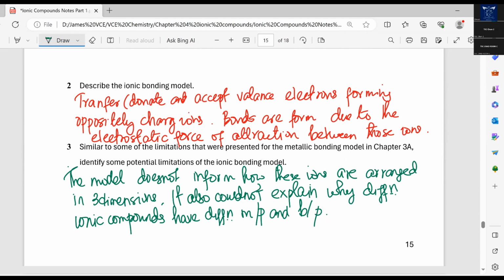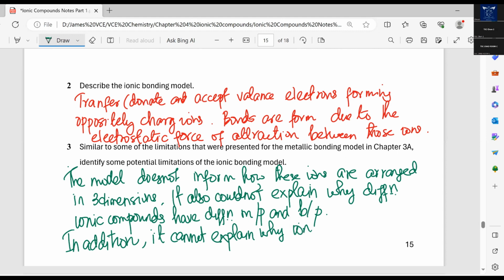In addition, it cannot explain the different electrical conductivity.